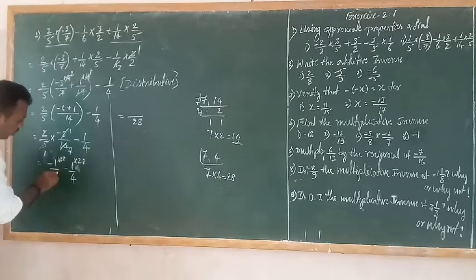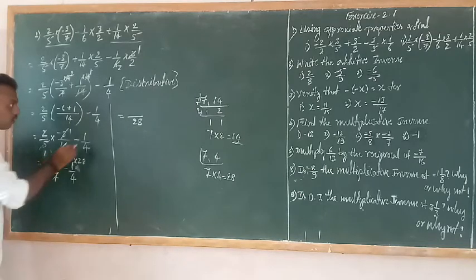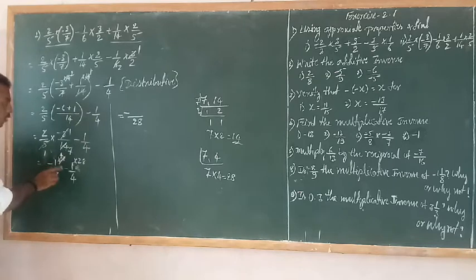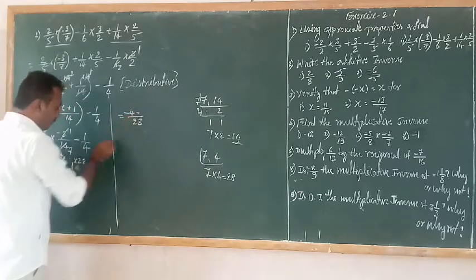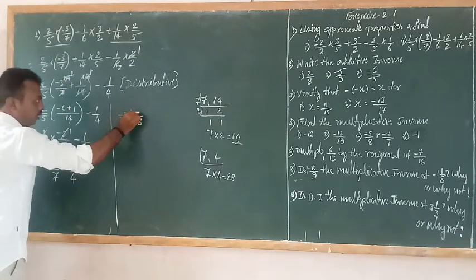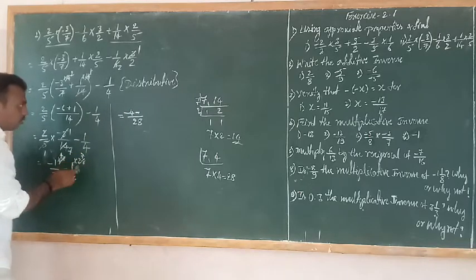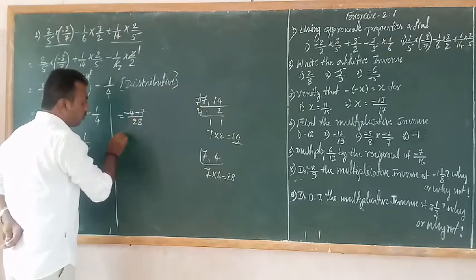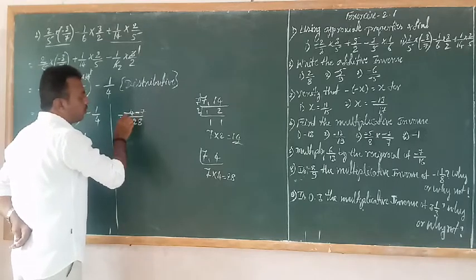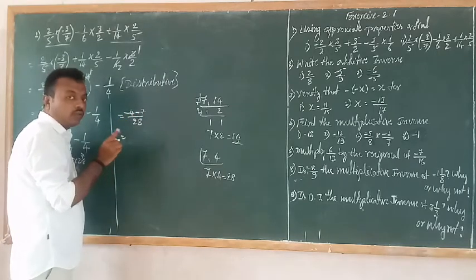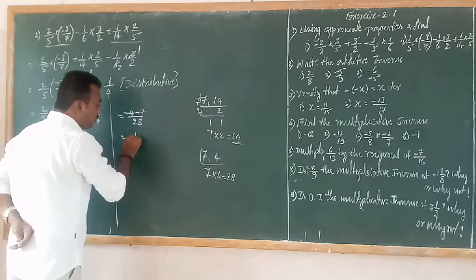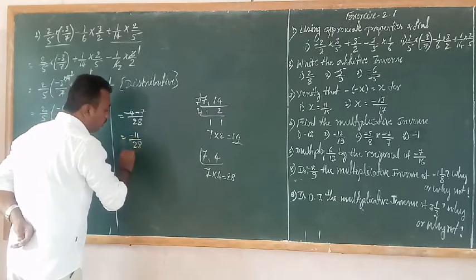Okay, so now we have to divide it. 7 ones are 7, 7 fours are 28, minus 4 ones are 4, minus 4, this minus I will write here. Next 4 ones are 4, 7 ones are 7. So now minus of 4 and minus 7. So both signs are same, so we can do addition. So minus 11 by 28.